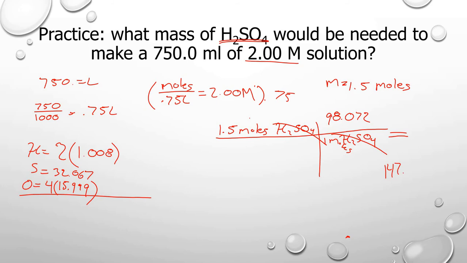Good, yeah. And then good, because that's 2 sig figs. So you only want 3 sig figs, 147, is what you want to report. So you only want 3 significant figures because the 2.00 only had 3.